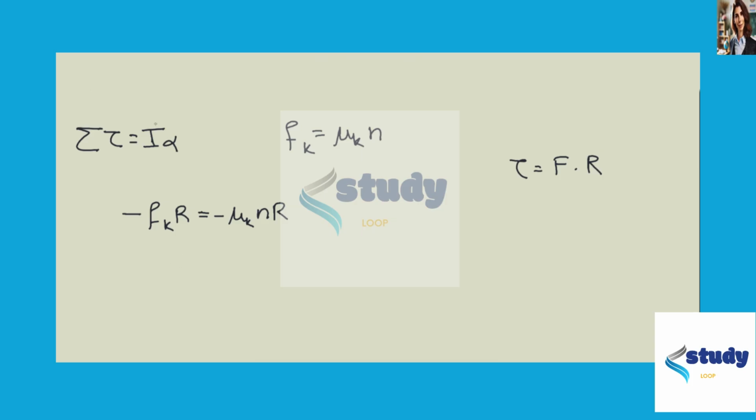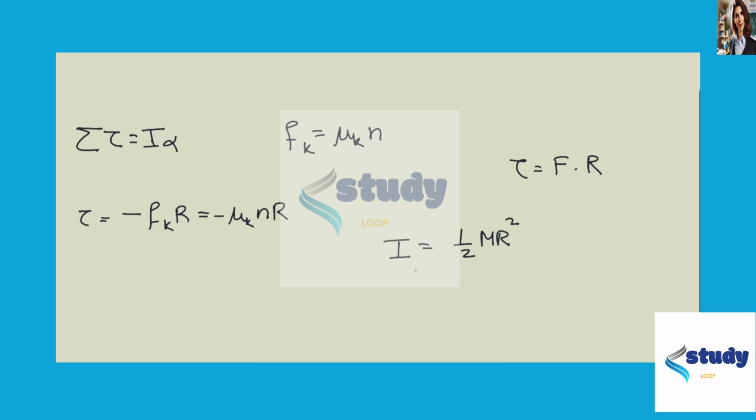Now, if we apply this part of the equation to this, we'll see that I is basically half of m r squared, and the reason for that is because we're considering the grindstone as a solid disk and the axis is through the center.